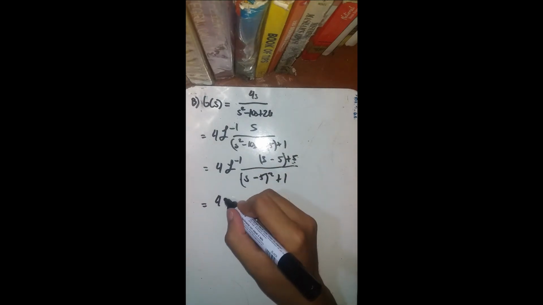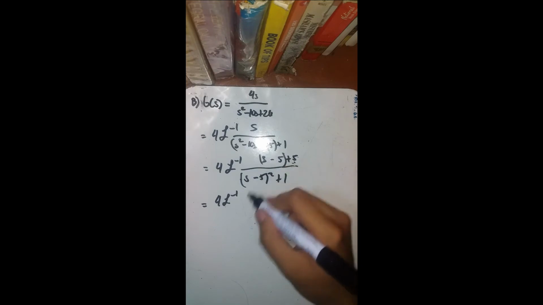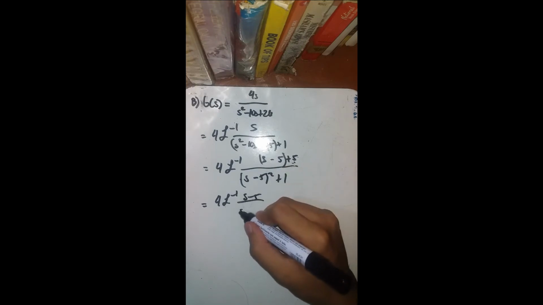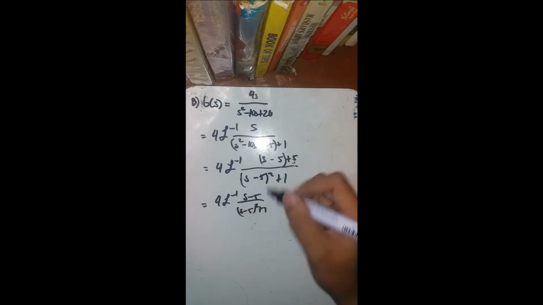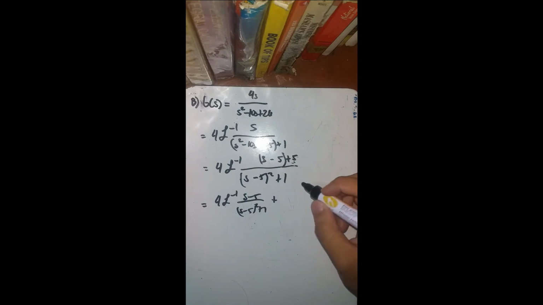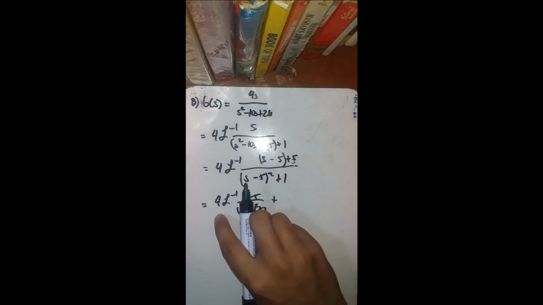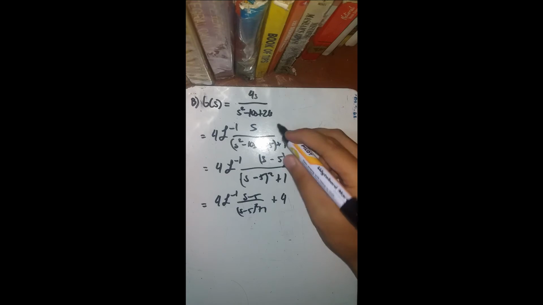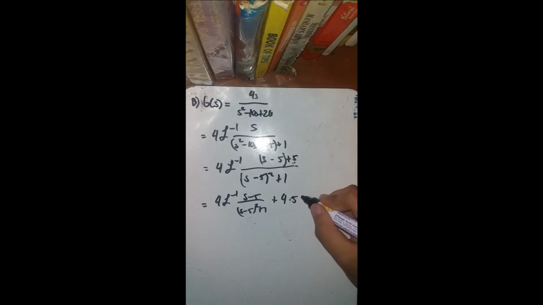So this will become your 4 inverse Laplace of s minus 5 over s minus 5 raised to 2 plus 1, plus, don't forget here the 4. Don't forget here the 4. So this becomes 4 times the constant of 5 inverse Laplace of your 1 over s minus 5 squared plus 1.